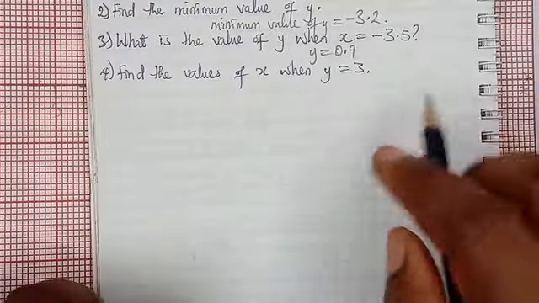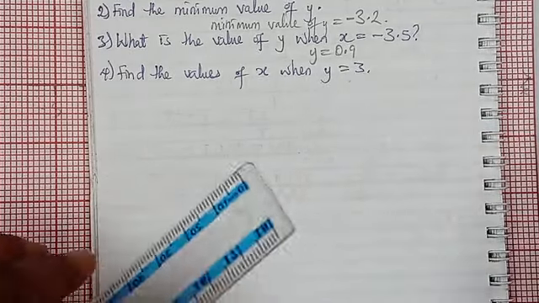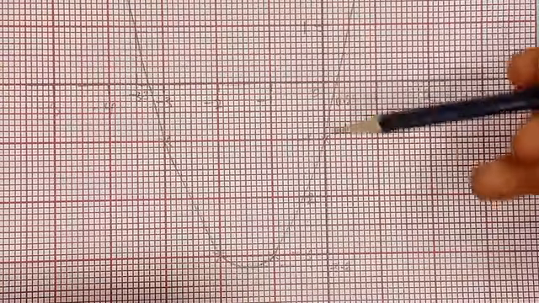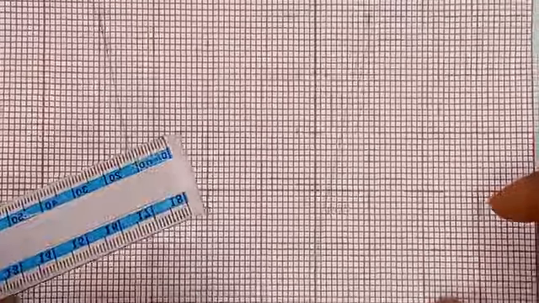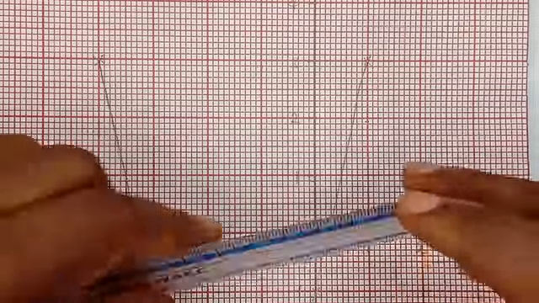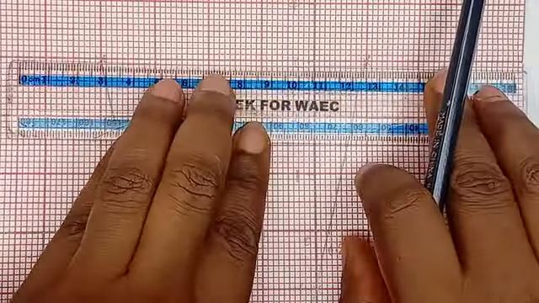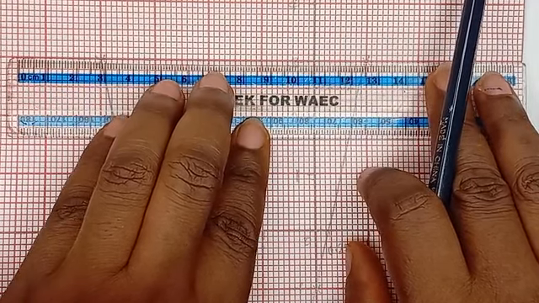Now finally, we have to find the values of x where y is equal to 3. We are going to come to the y-axis and look for where y is equal to 3. It is even a marked point, but we have to show that we are answering from the graph.